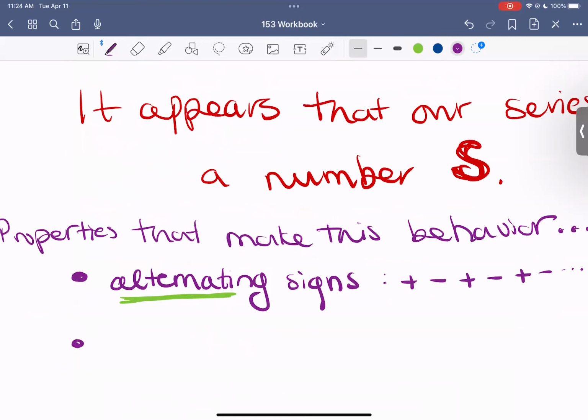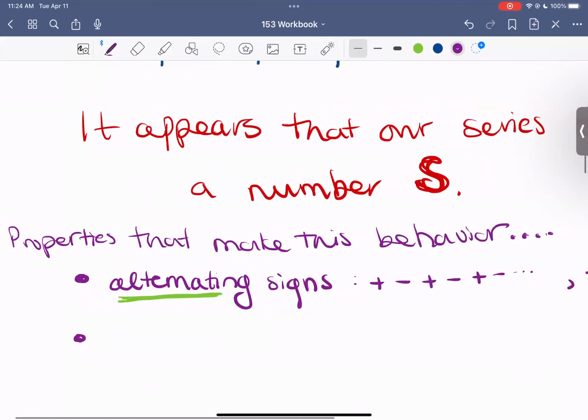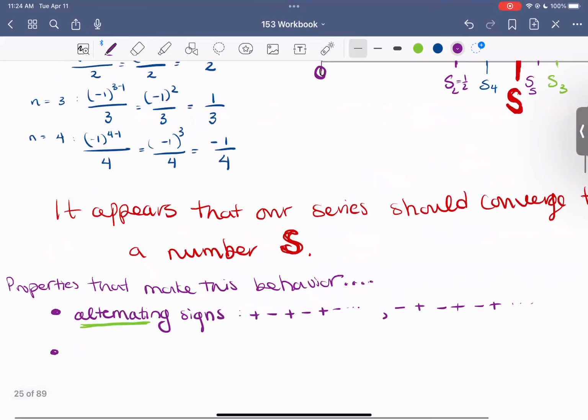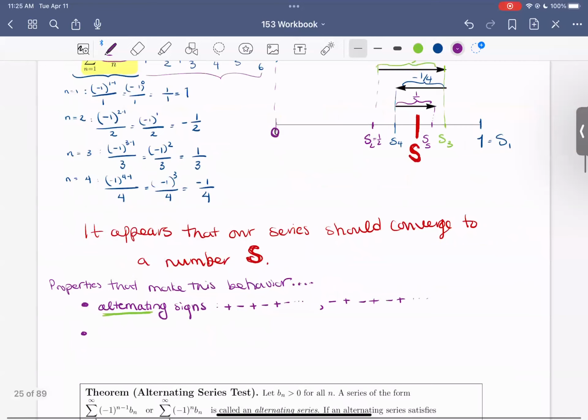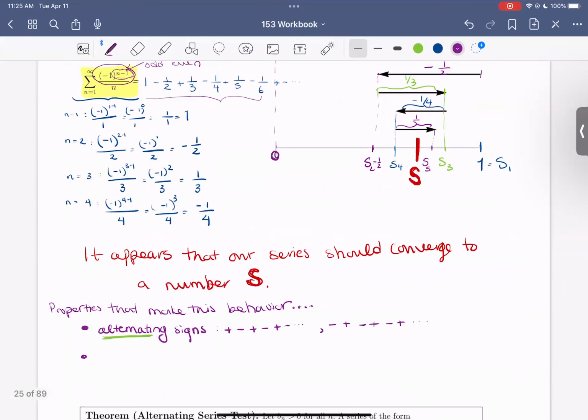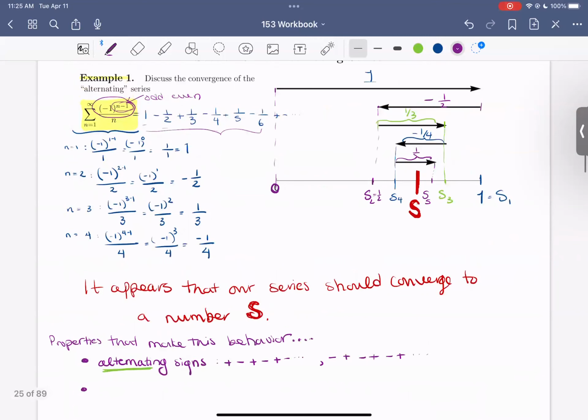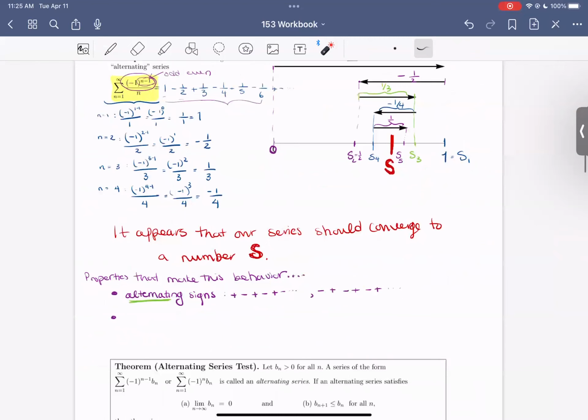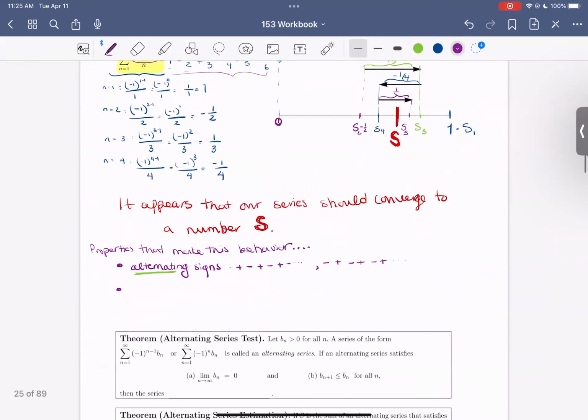Okay, but what are some other properties of this series that we're seeing? We'll notice that the terms in our series, 1, 1/2, 1/3, 1/4, 1/5, so those absolute values of the terms, they go to 0. They get smaller and smaller. And we see that in the sizes of these arrows: 1, 1/2, 1/3, 1/4, 1/5, 1/6. So the sizes of the arrows get smaller. So how would we express that?